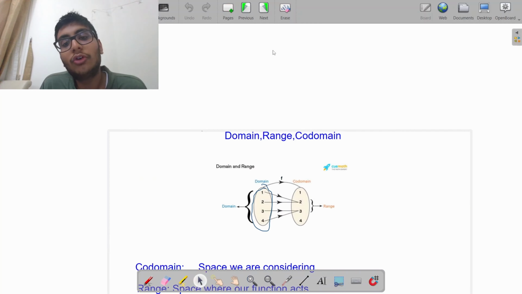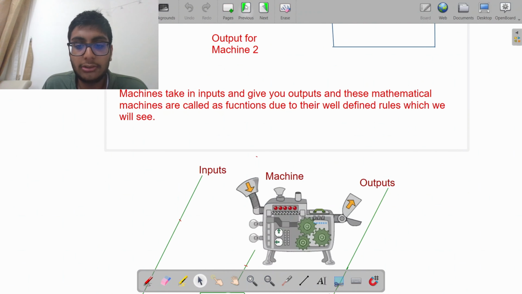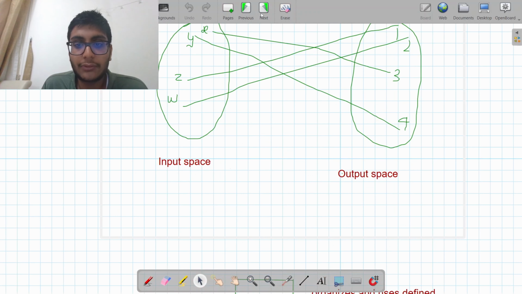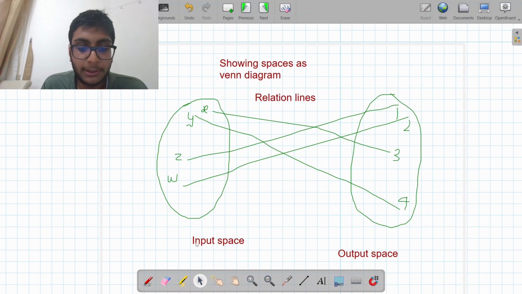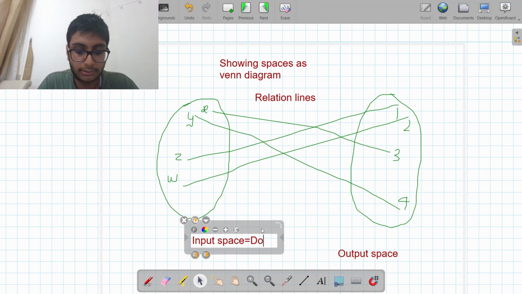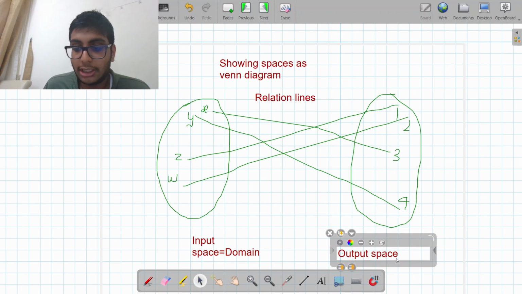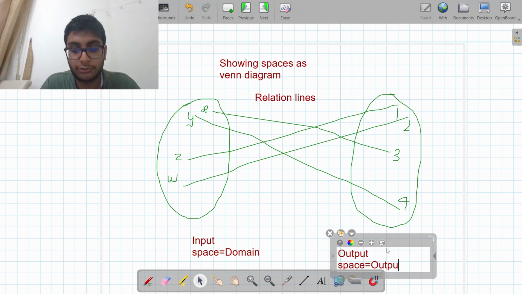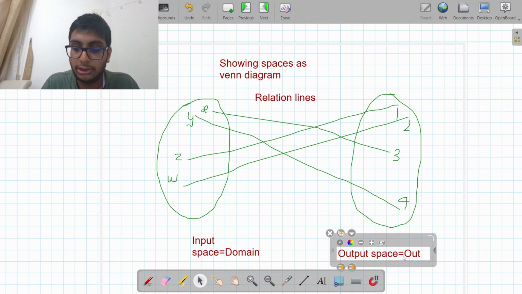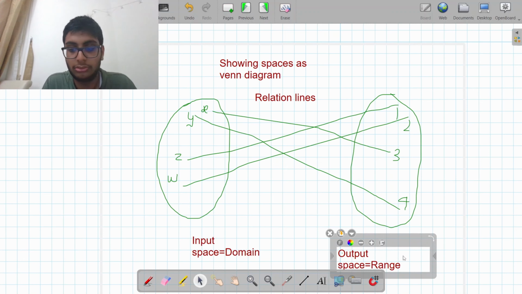Now, let us get to domain, range, and codomain, which come under the category of spaces. Well, I made them into a category of spaces so I can make it much easier for you to understand. What is a domain? Well, as I've said earlier, when I've been showing you this space, the input space is also known as the domain, and the output space is referred to as the range.